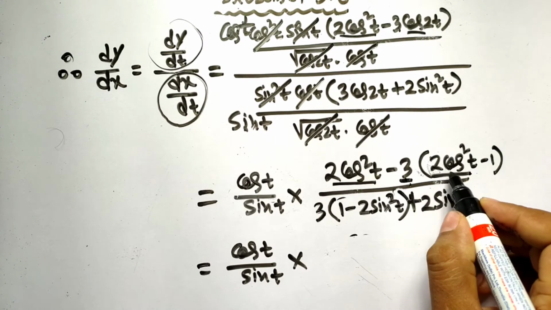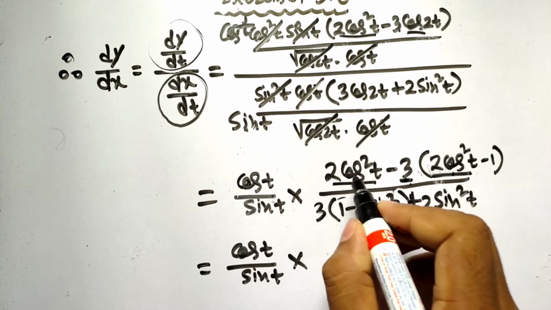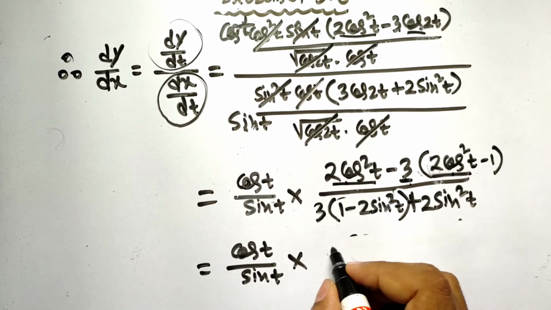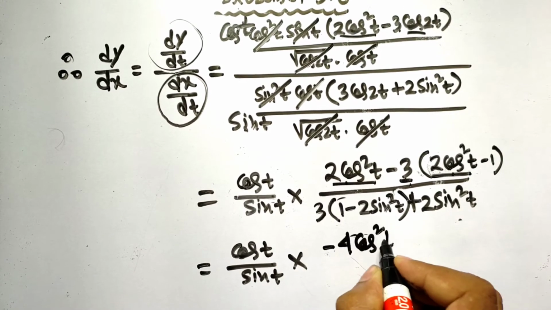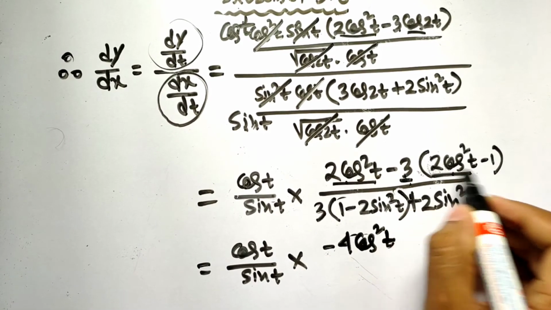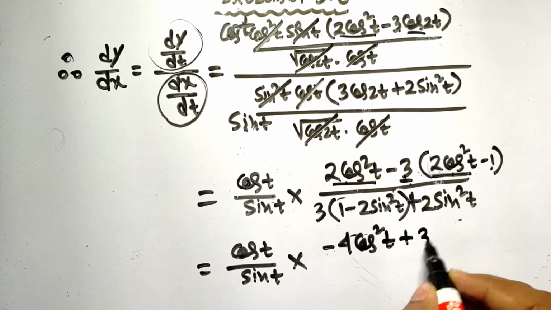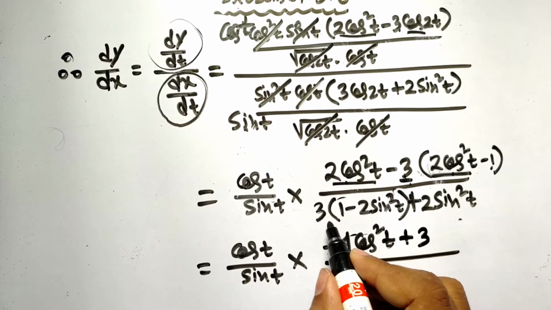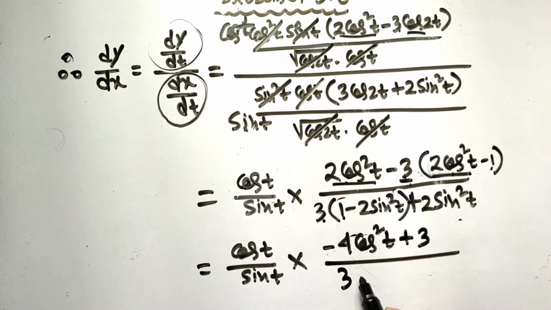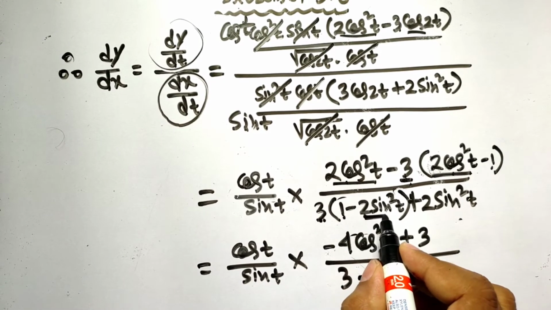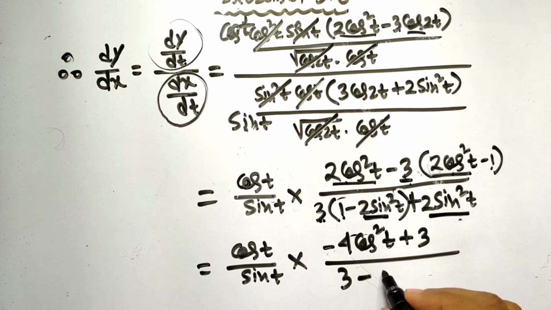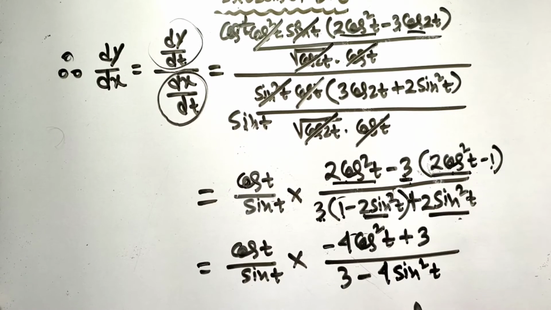So minus 6 cos square t plus 2 cos square t, that is minus 4 cos square t, and minus 3 into minus 1, that is plus 3, divided by 3 into 1 is 3 minus 3 into 2 sin square t, that is minus 6 sin square t plus 2 sin square t, that is minus 4 sin square t.